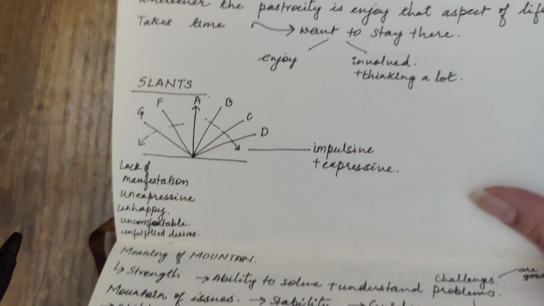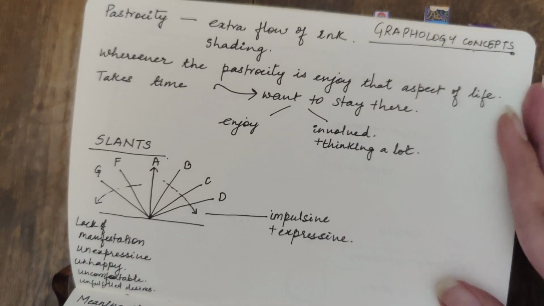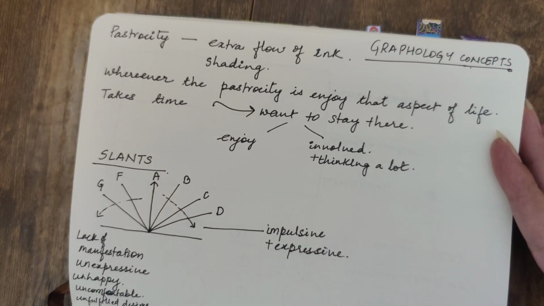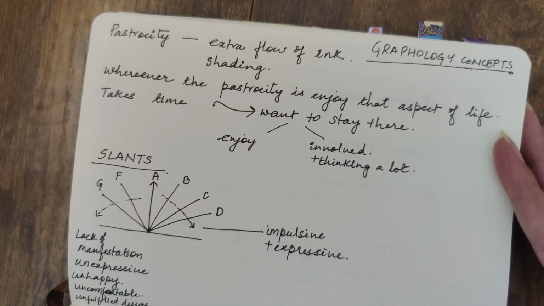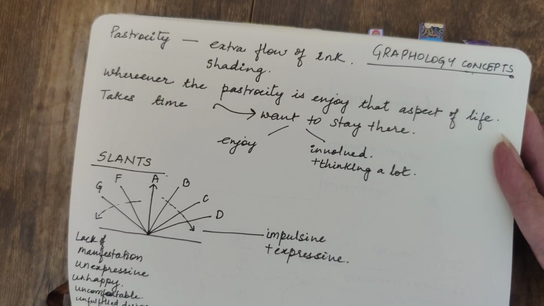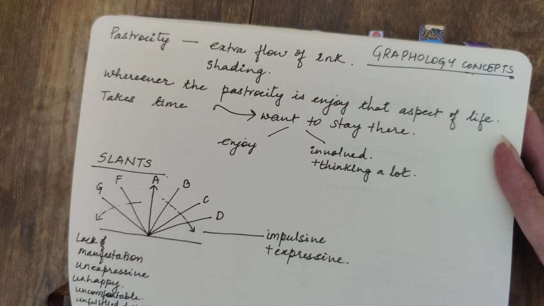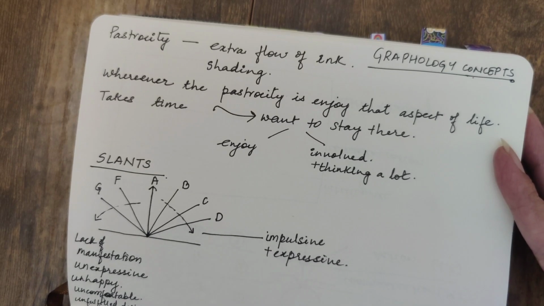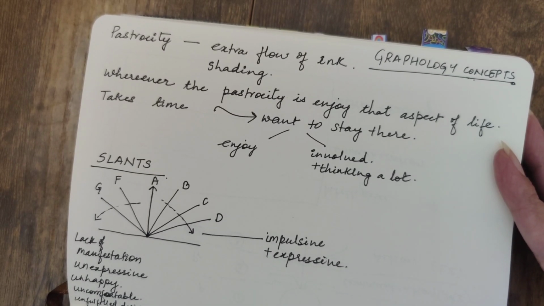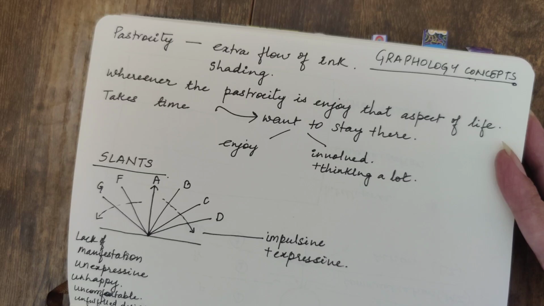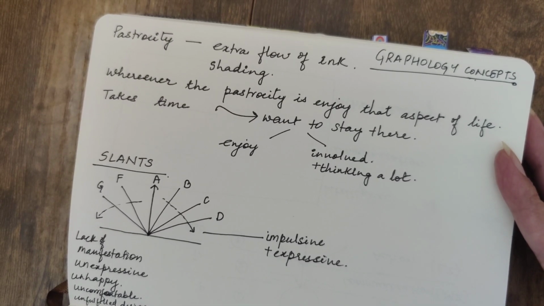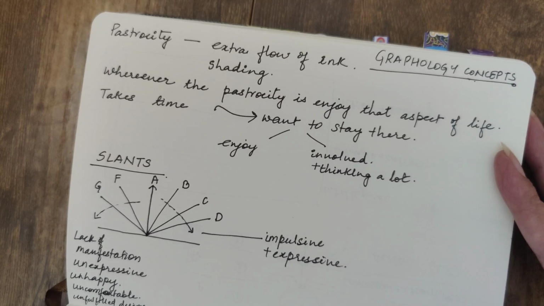There is a concept of pastosity in graphology. Pastosity means where the extra flow of ink happens, or someone is doing some sort of shading or putting extra force while coloring. So wherever the pastosity is there in the drawing, that means they like to enjoy that aspect of life.